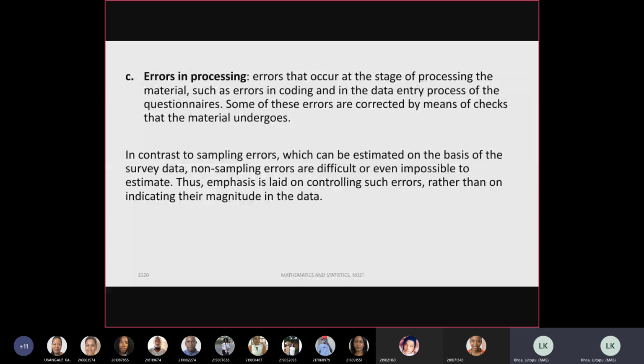So here what we do is instead of trying to estimate the error, what we do is try our very best to avoid them. So you're very careful, make sure your participants understand. Are there any problems? Do you understand what this is saying? If you see somebody struggling with something like that.